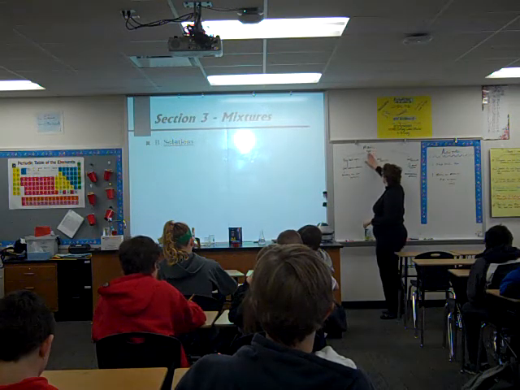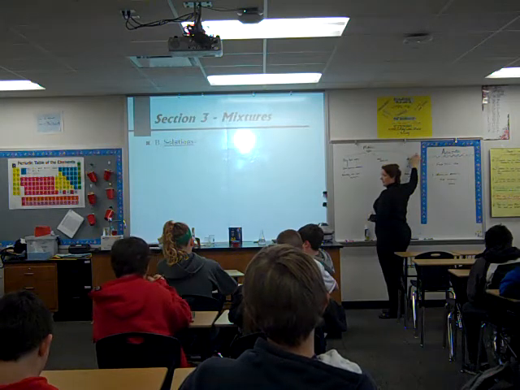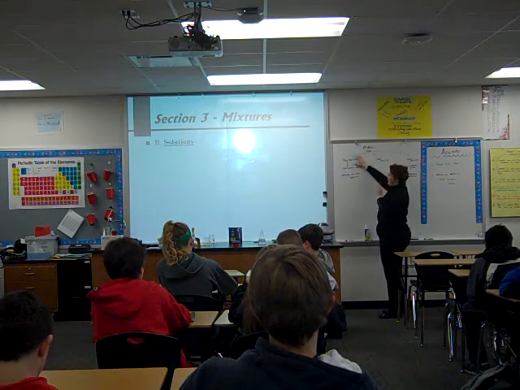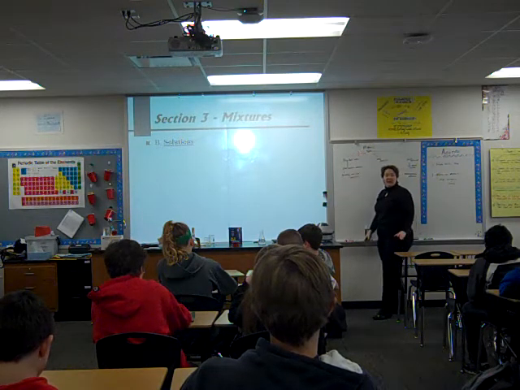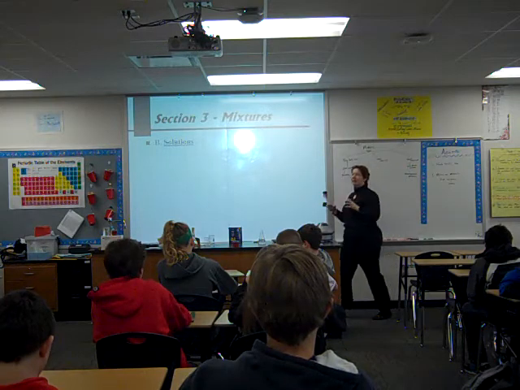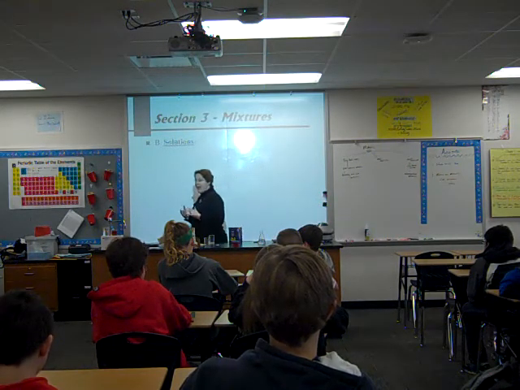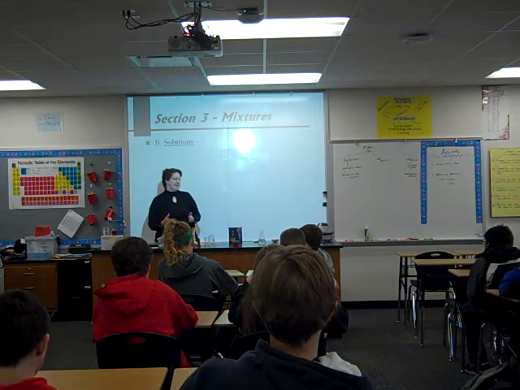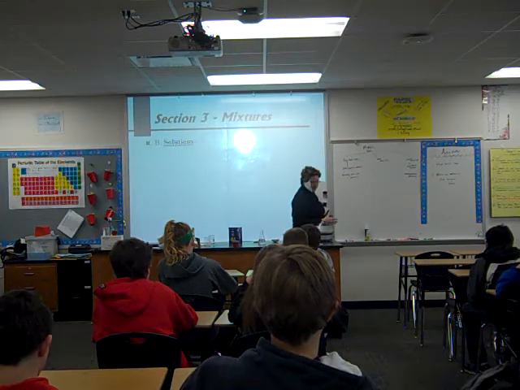So you have mixtures, types: big particles, medium particles, small particles. If the particles are big, then it's probably a heterogeneous mixture. If the particles are big, they're probably big enough that you can see them. Now, they can still be big and you not be able to see them.